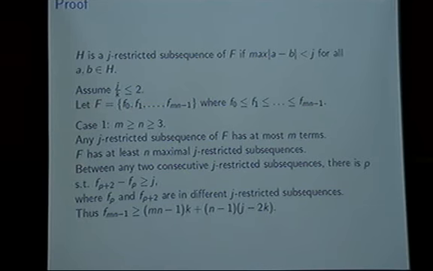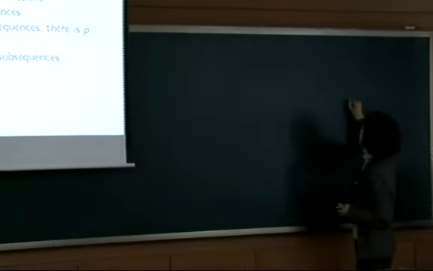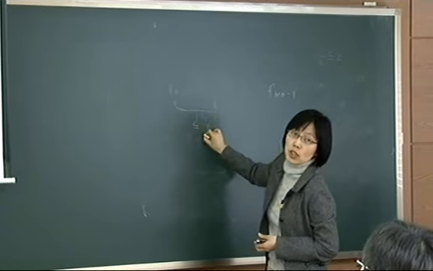So what they did is they put F0 up to F(mn minus 1) in increasing order, and they considered some subsequences, J-restricted subsequences, meaning subsequences where their differences are at least j.